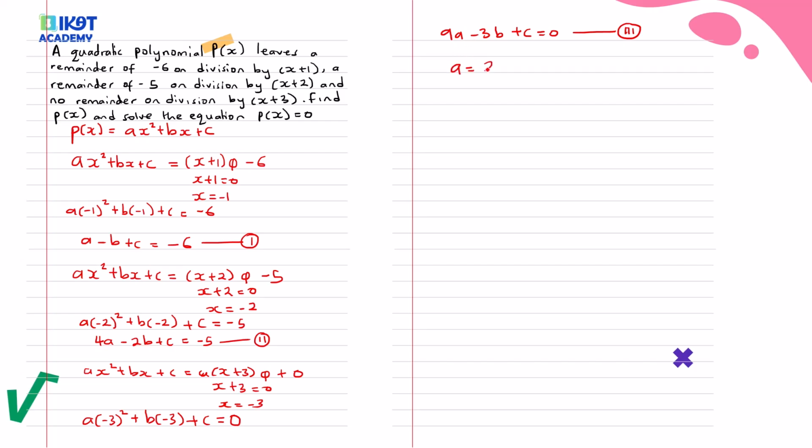We get a as 2, b as 5, and c as negative 3. When we substitute this, we get 2x squared plus 5x minus 3. This is our quadratic equation. And they even said solve the equation. When you solve it using any method of your choice, x is a half.